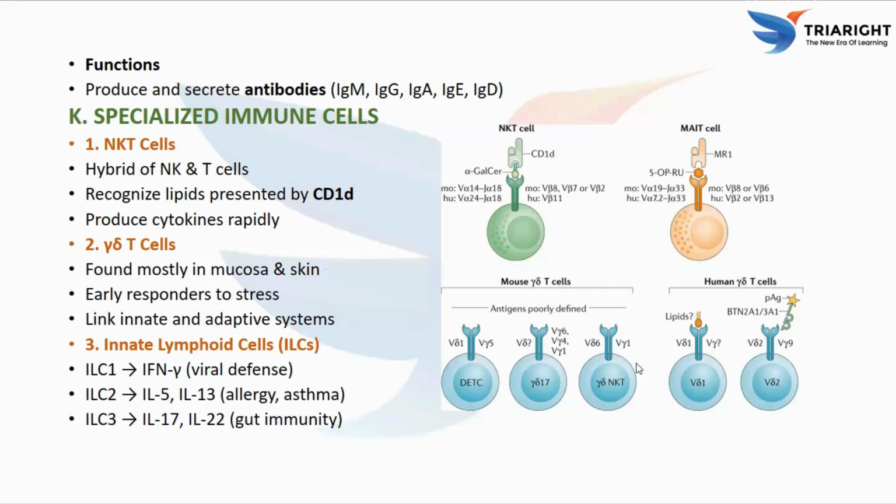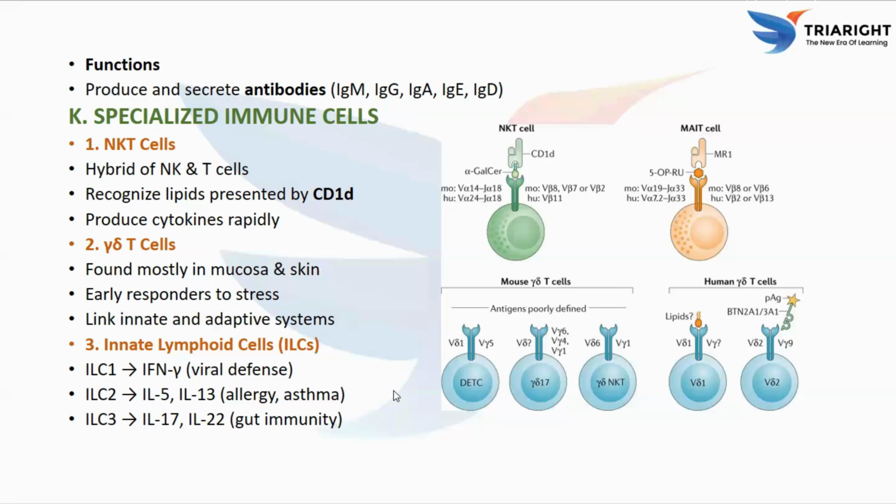Whereas in human gamma delta T cells, the diagram shows V delta 1 and V delta 2, V gamma 9, in blood, which recognizes phosphoantigens. BTN2A1 or BTN3A1 is shown as a molecule needed for gamma delta T cell activation. They usually respond to stress-related ligands instead of peptides.